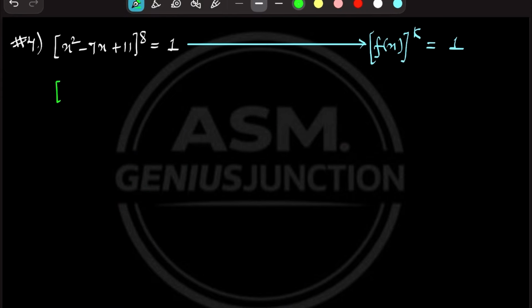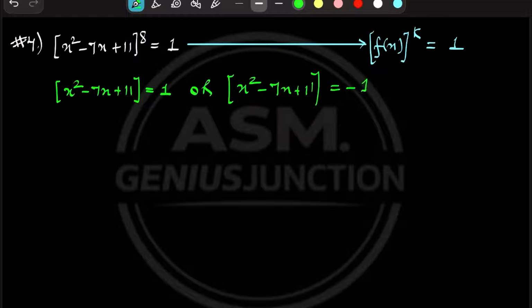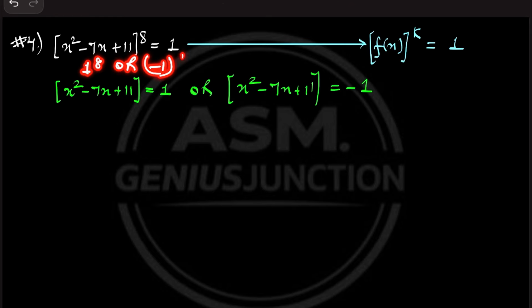We are having base as x square minus 7x plus 11, and it is having a power as 8 and it is giving you value as 1. So this complete base x square minus 7x plus 11 can be equal to 1, or it can be equal to minus 1, because in both the cases this complete expression is going to give you value as 1 over 8 or minus 1 over 8.